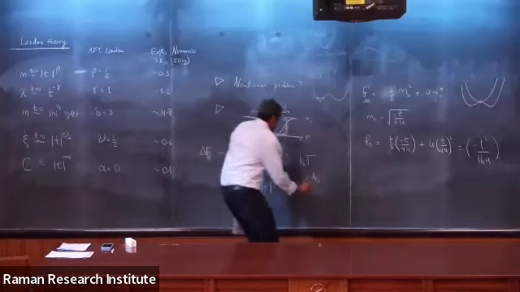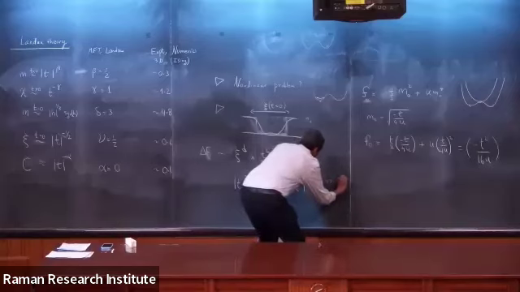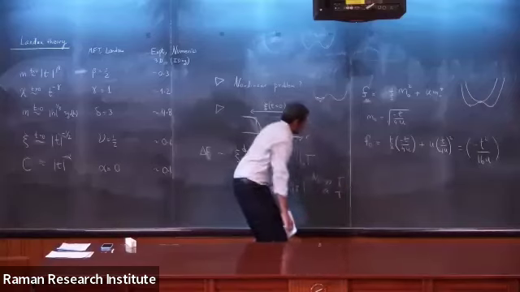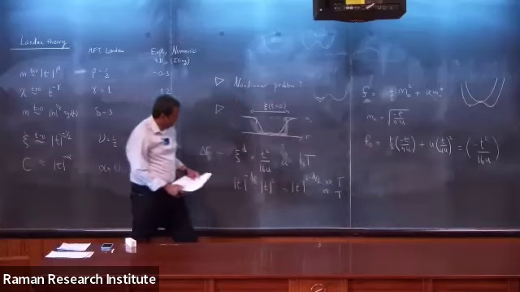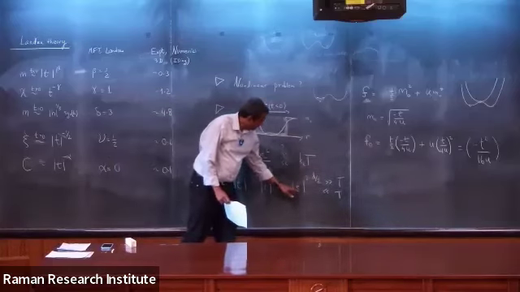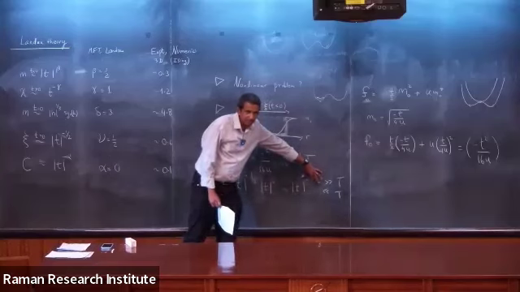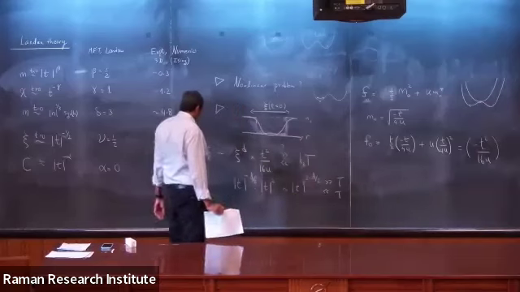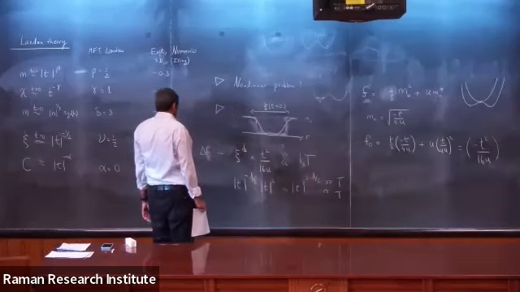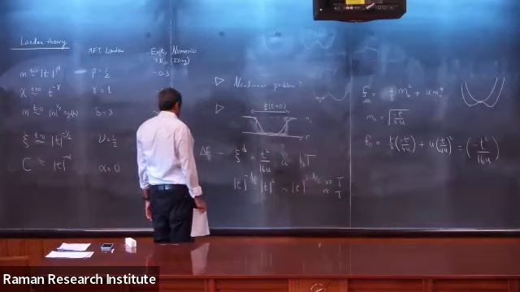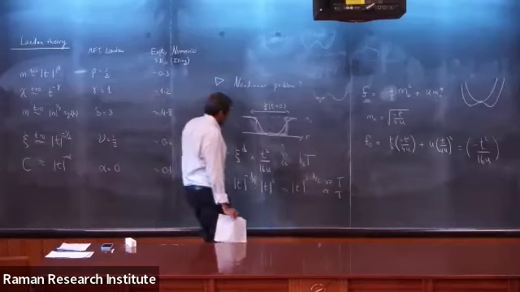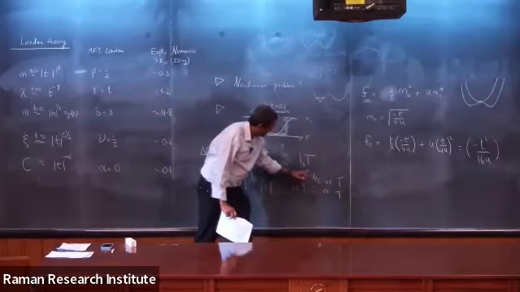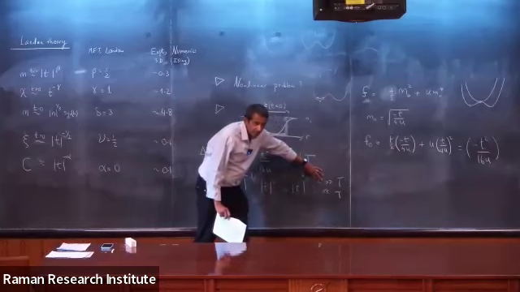Okay. And now the question of whether this is much, much bigger than t or much, much less than t depends on this number. So imagine this exponent was positive.